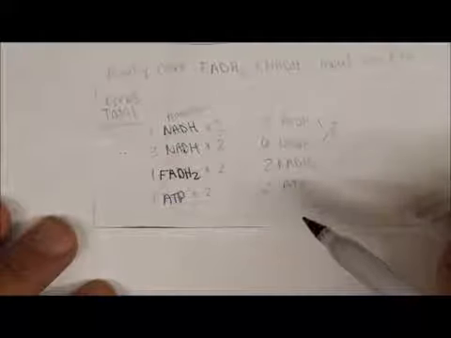So at this point, after glycolysis, after the Krebs cycle, this is what we have total: 10 NADH, 4 ATP, and 2 FADH2s. ATP will get used directly by the cell.